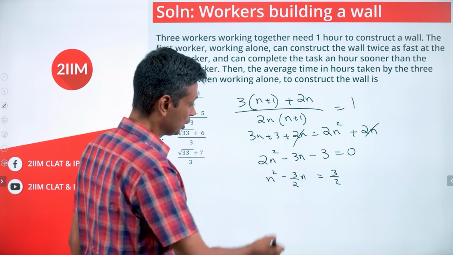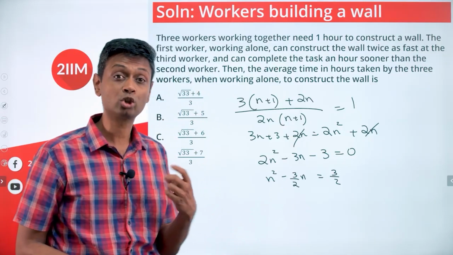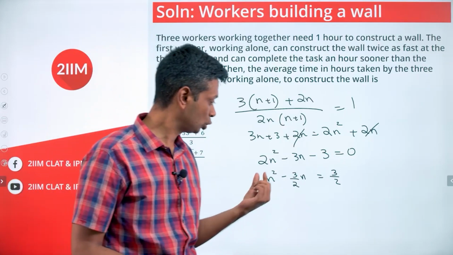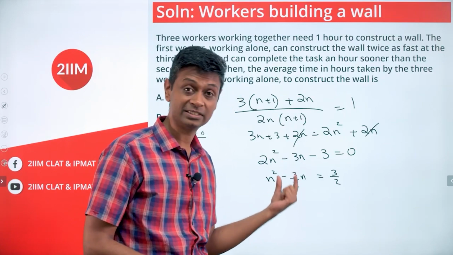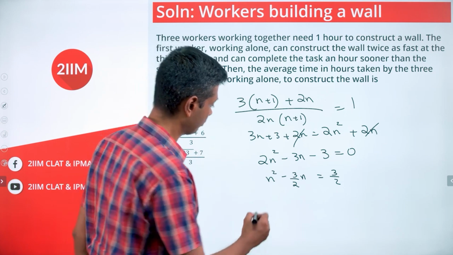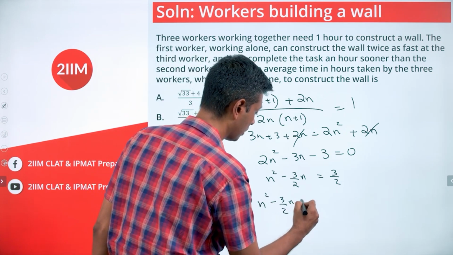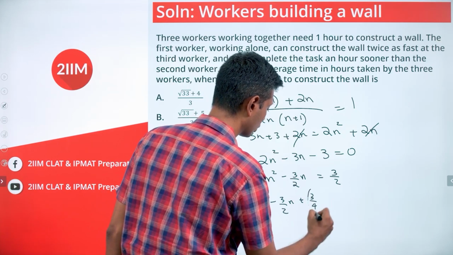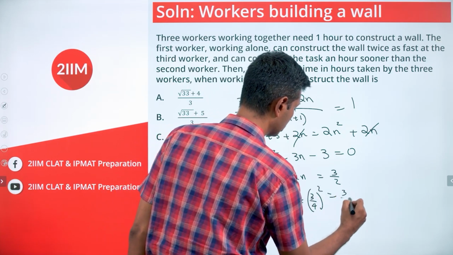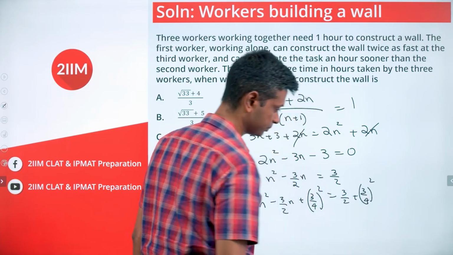And so for 3 by 2n, we know a minus b whole square is a square minus 2ab plus b square. So 2a should be minus 3 by 2, so we are thinking about minus 3 by 4 whole square. So n square minus 3 by 2n plus 3 by 4 whole square equals 3 by 2 plus 3 by 4 whole square.